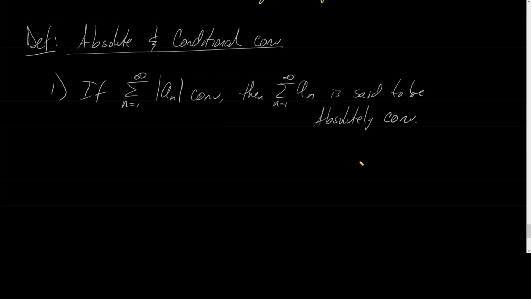It's said to be absolutely convergent because the absolute value version converges. But not just that, we know that if the absolute value version converges, then the non-absolute value also converges. 2.